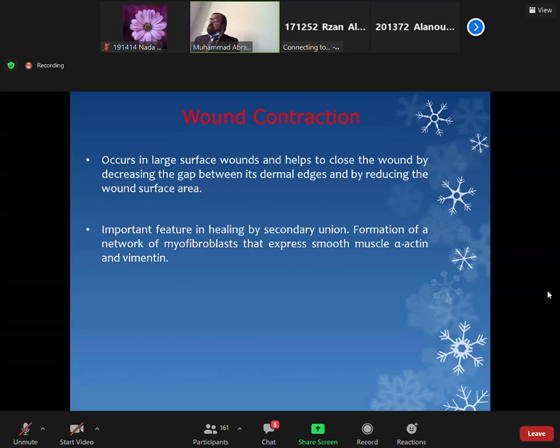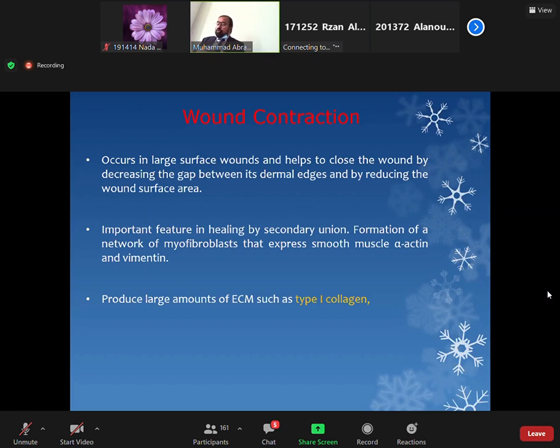So this is needed in a secondary union, and you need a special type of fibroblast, which is the myofibroblast. Now, the myofibroblast has a pulling capacity, and it has actin, smooth muscle actin, which stretches together to close the wound, and they produce a large amount of extracellular matrix like type 1 collagen.